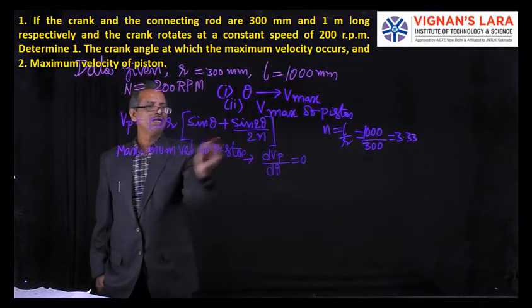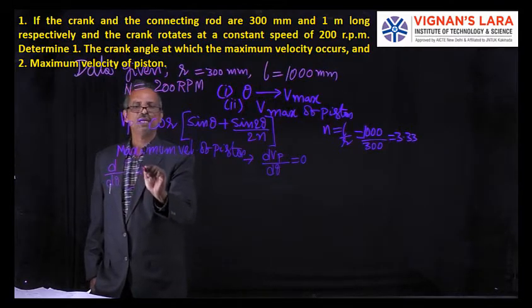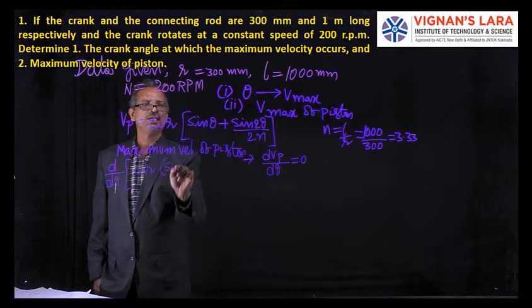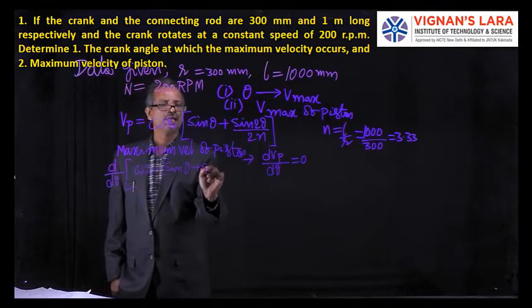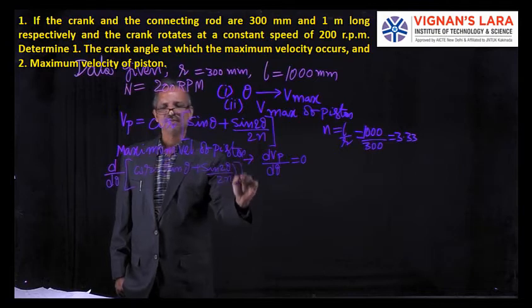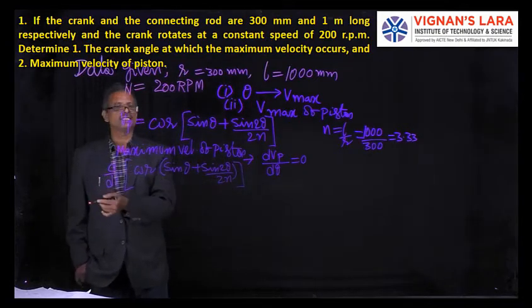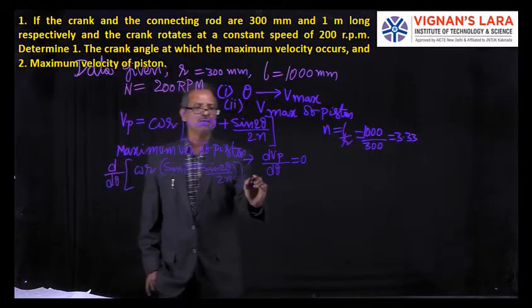So dVp by d theta is d by d theta of omega r into sin theta plus sin 2 theta by 2n. Omega r is taken out, which is a constant.